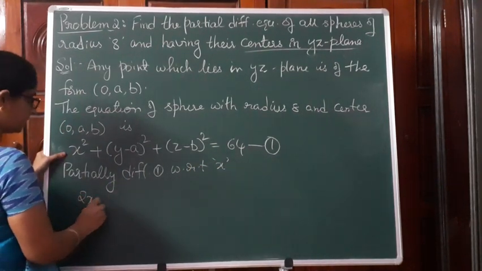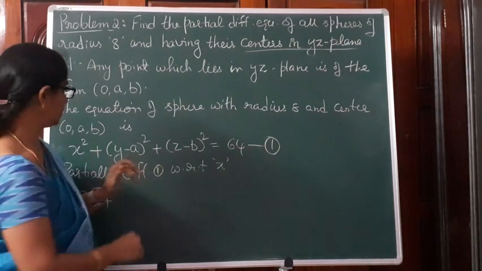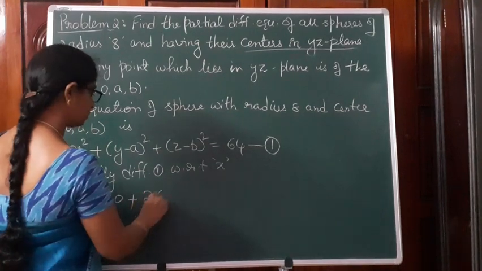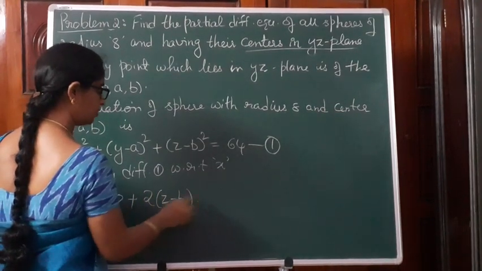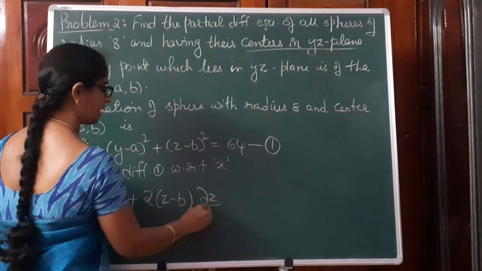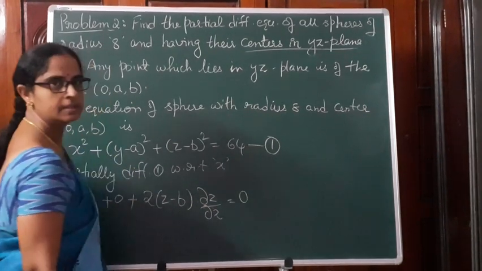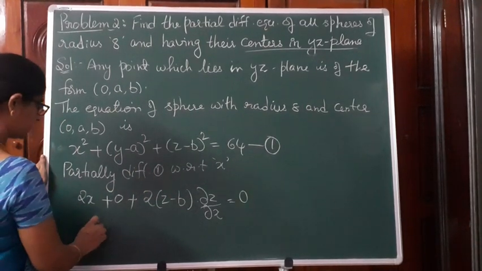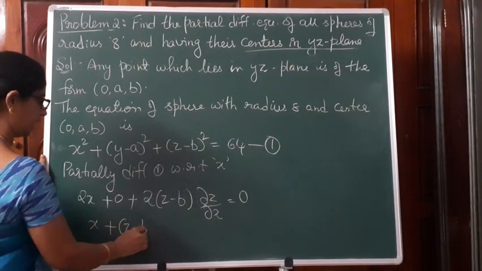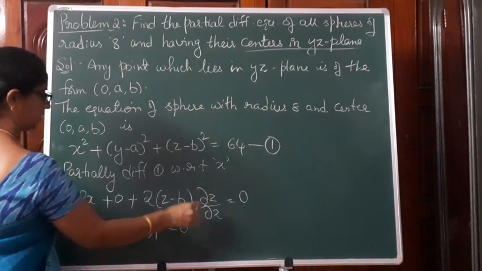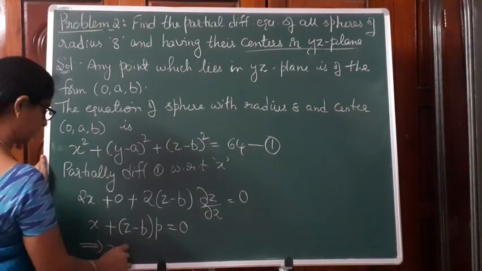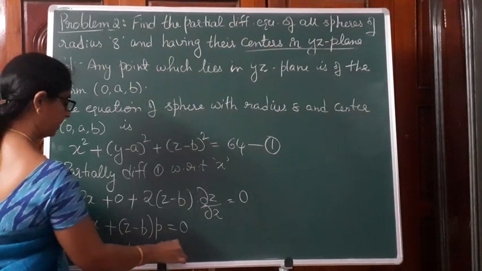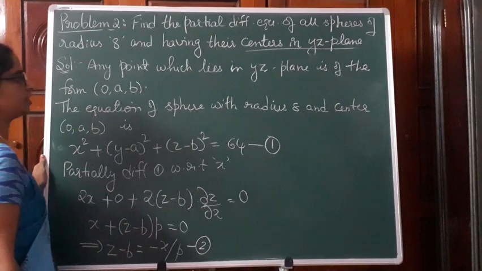Derivative of x square is 2x, plus derivative of (y minus a) whole square is 0, plus derivative of (z minus b) whole square is 2 into (z minus b) into the internal derivative, dou z by dou x, which is p. Derivative of 64 is 0. Cancelling 2, we get x plus (z minus b) into p is equal to 0. From this we can obtain the value of z minus b as minus x by p. Let us call this equation number 2.